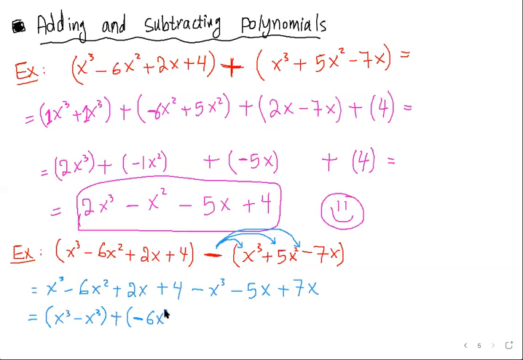So I have minus 6x squared, minus 5x squared. Okay. Plus I have 2x plus 7x, plus I have only 4. Okay.